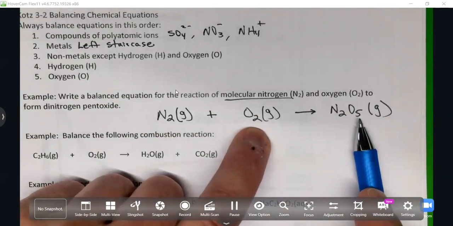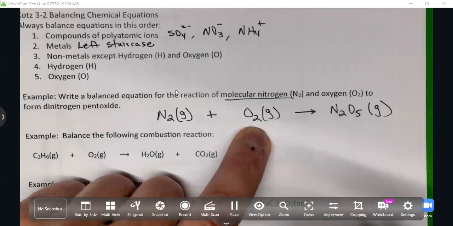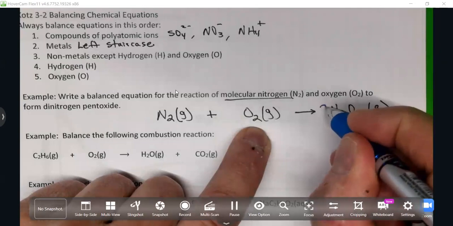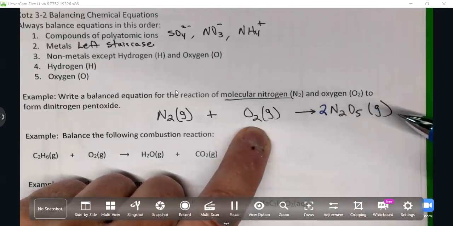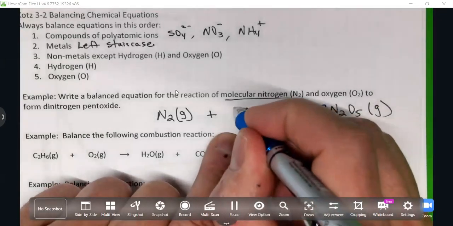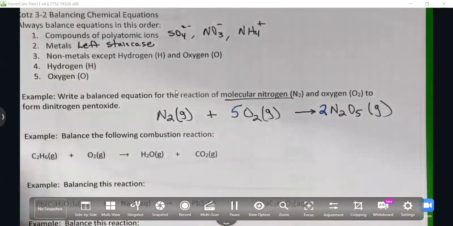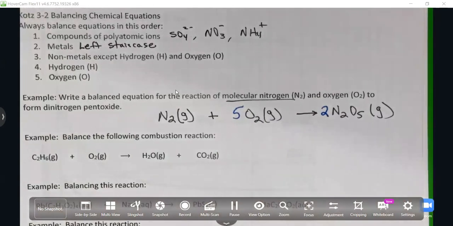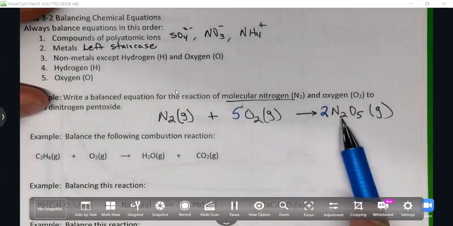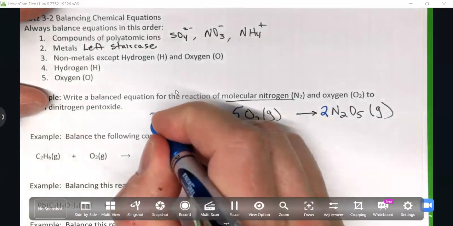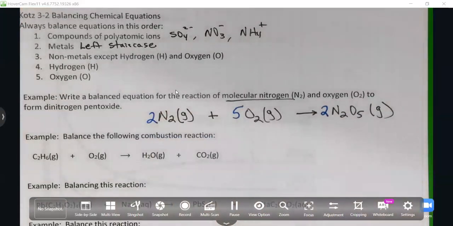In order to make them the same, the least common multiple is going to be 10, right? So we are going to have to put a 2 here to get 10. Again, we're not putting any numbers in the middle of compounds. You cannot do that. And a 5 here. And now that changed our nitrogens. So now we have 2 times 2 is 4 nitrogens. So we need 2 there.